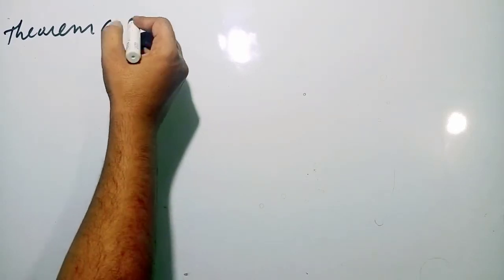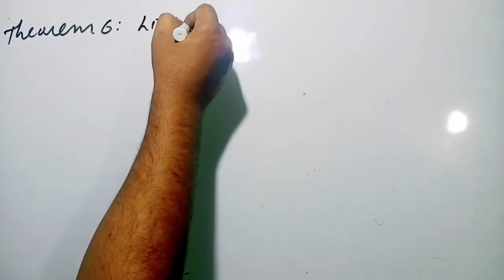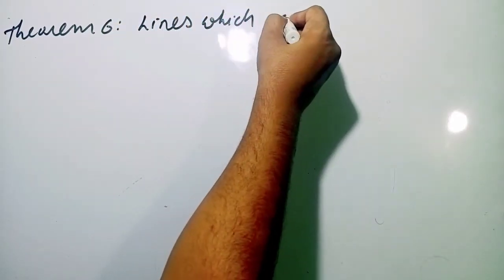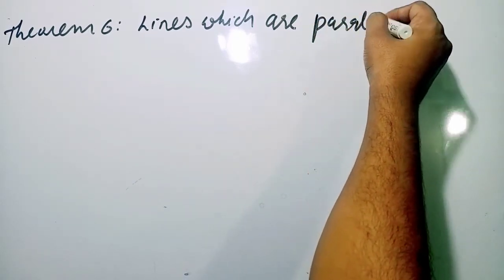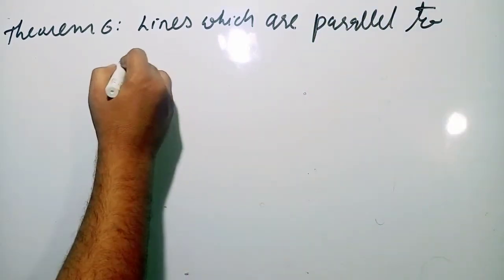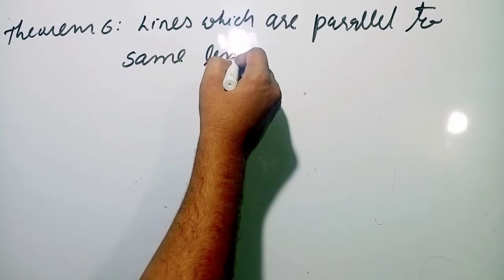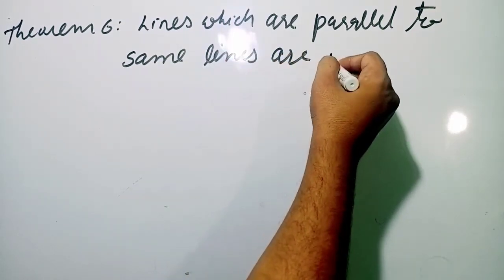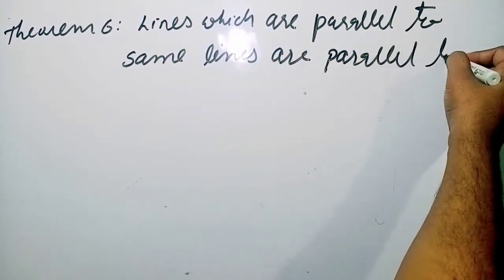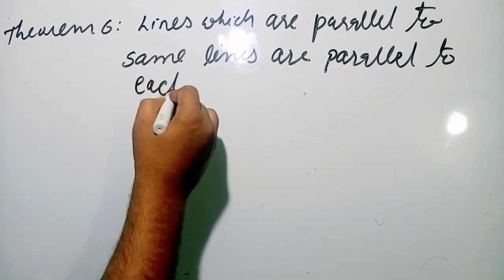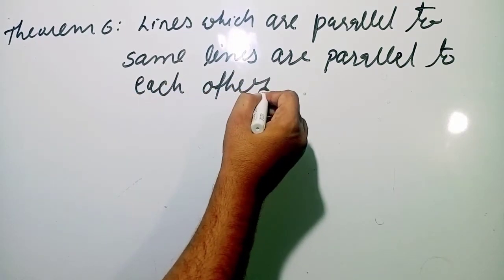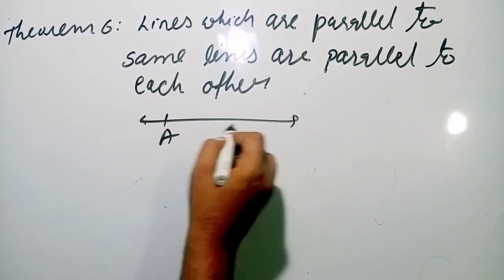Now moving to the next, theorem 6. Lines which are parallel to the same line are parallel to each other. Right, students? Here we will discuss three lines.